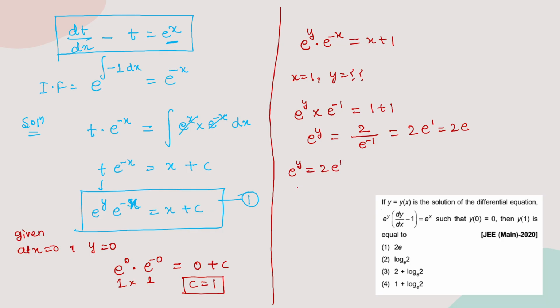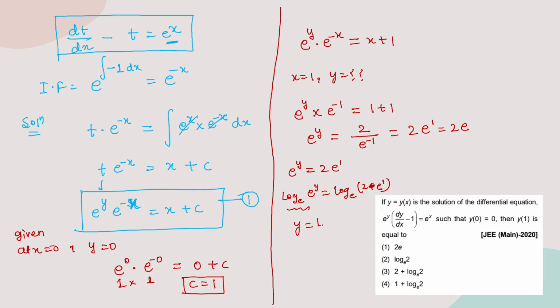When we take the anti-log on both sides, or sorry, not anti-log, we will take log on both sides. So log with base e. So this will become only y. This will become log of m into n.